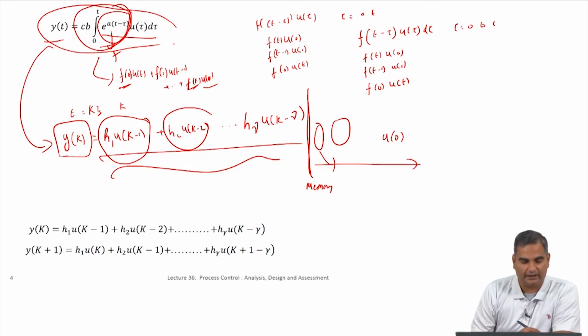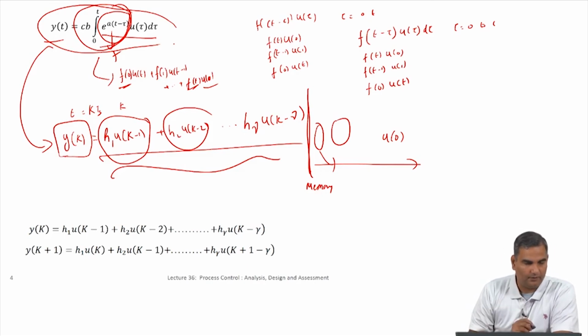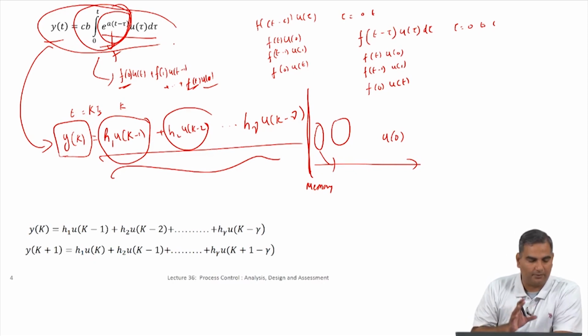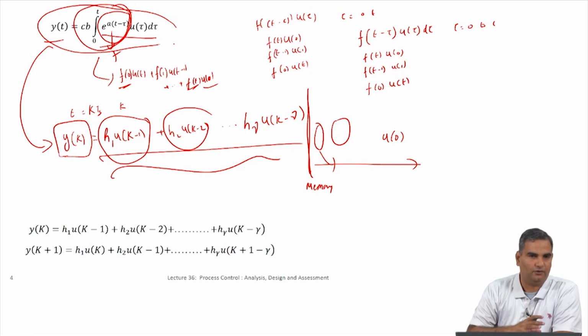So, that I can show using mathematics without any hand waving, but that is not really important as far as this class is concerned, because what we are really looking for is trying to explain how this notion of model comes into the optimization formulation, so that model predictive control problems can be solved. So, that is our goal.